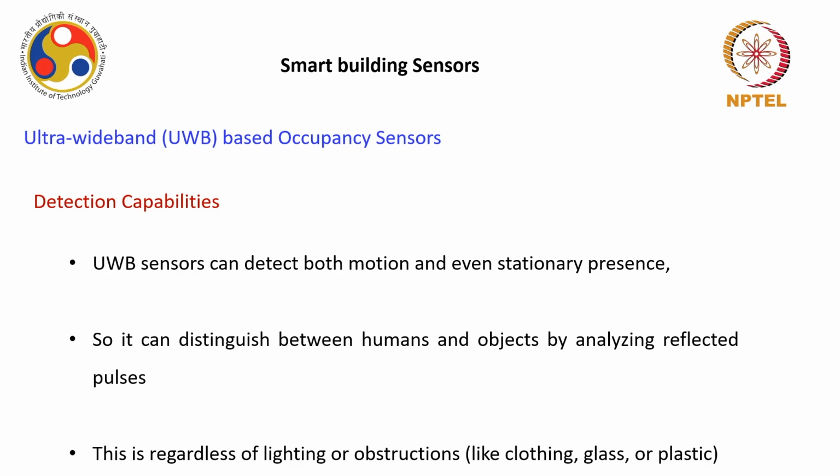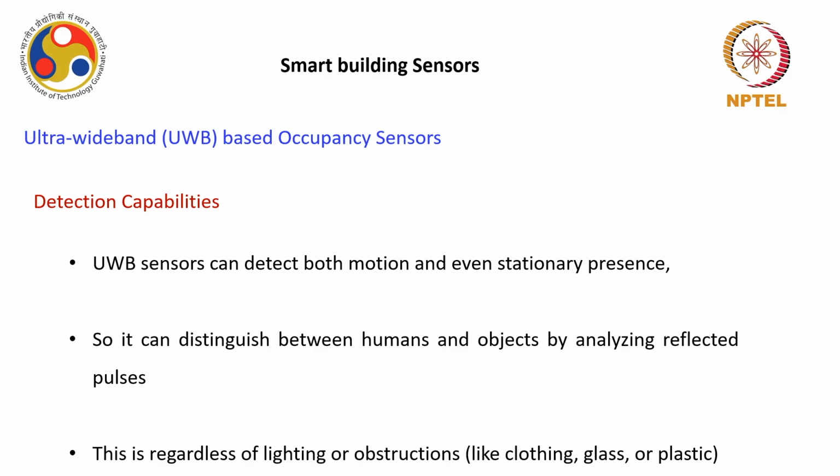Then these UWB sensors can detect not only the body which is in motion, but they can also detect objects which are in a stationary position in a smart building. So it can distinguish basically between a human or object by analyzing the reflected UWB pulses.